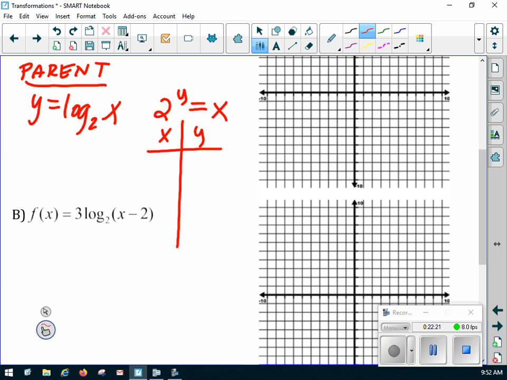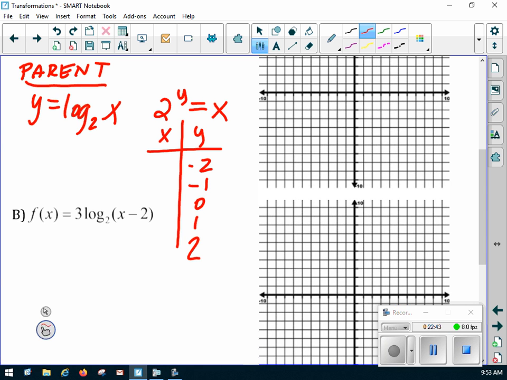Now let those be y because y is the exponent. Do you understand why I let those equal y? Because y is the exponent.